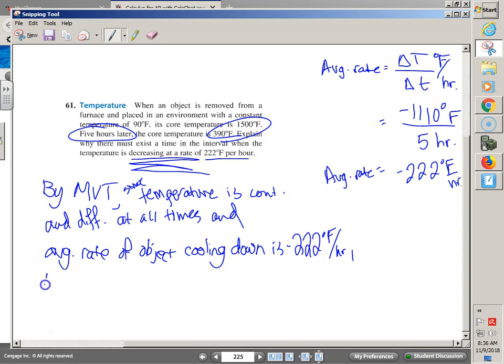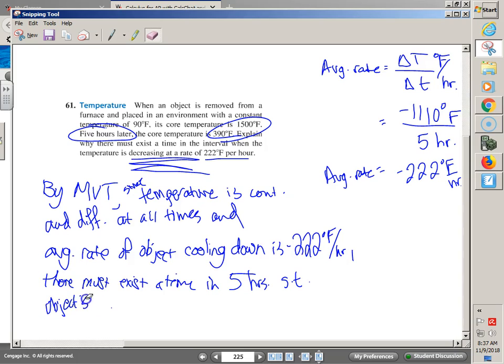So let's go ahead and say there must exist a time in the 5 hours such that the object's temperature is, just steal the wording, decreasing at that rate. I'm going to take away the decreasing and put changing. Does anybody know why?